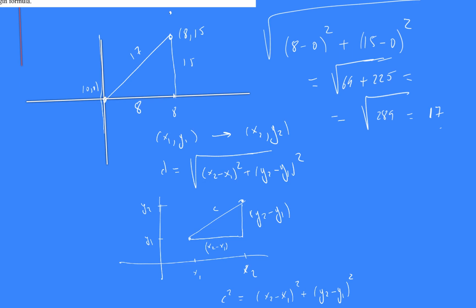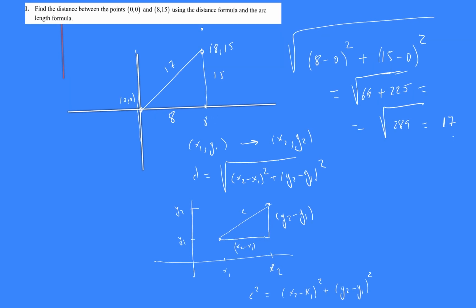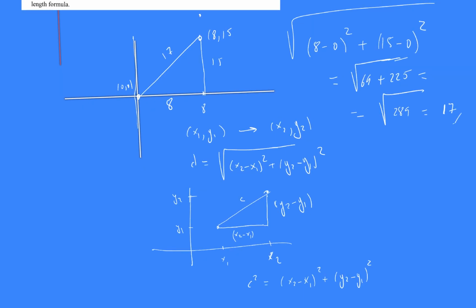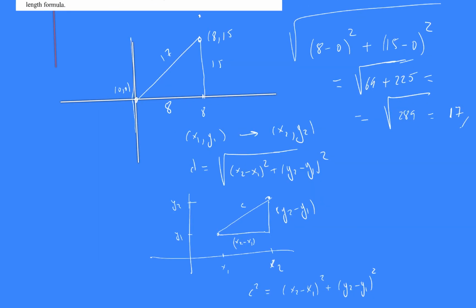So let's go now to use our formula for the arc length to find the 17, the length between 0, 0 and 8, 15. So the first question is, who is y of x? Y of x is the straight line that goes from 0, 0 to the point 8, 15.